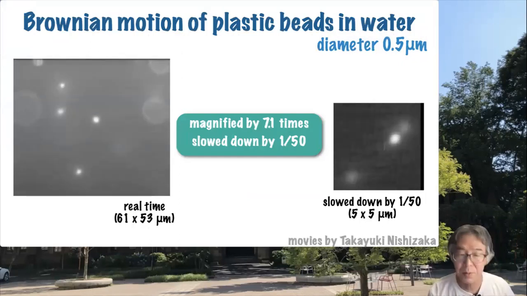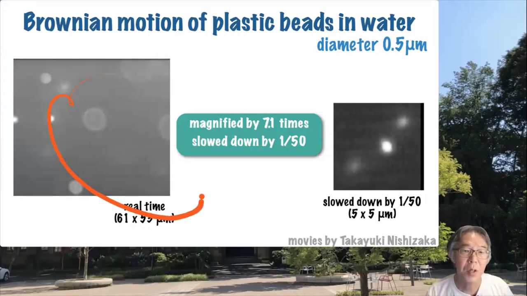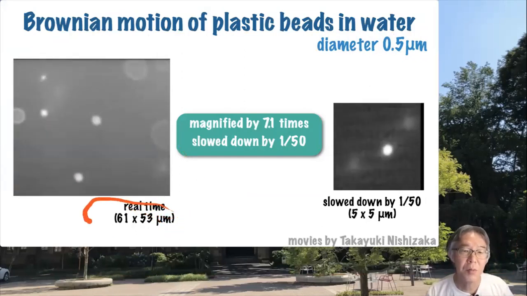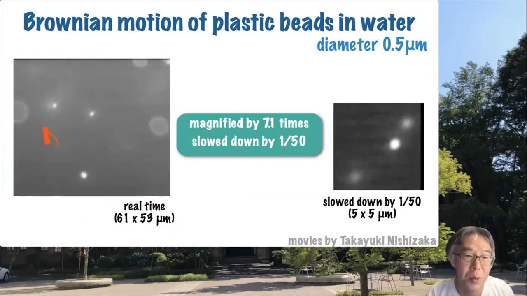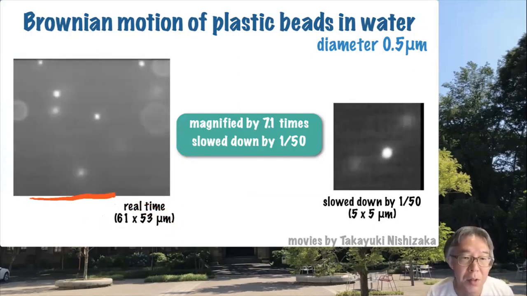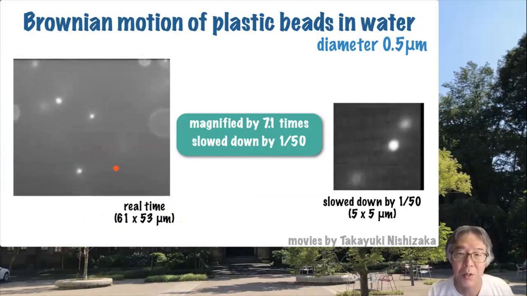Here you have a real-time view of Brownian particles, plastic beads. The size is like 50 or 60 micrometers, very small. These big ones are not big particles; it's just out of focus and becomes big. So it shows this kind of wiggling motion.